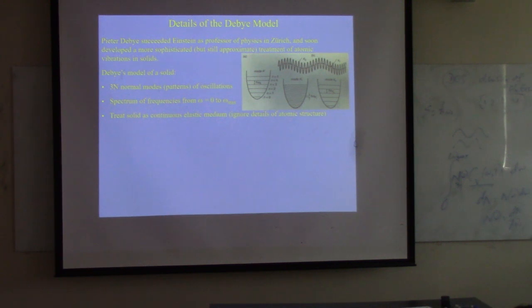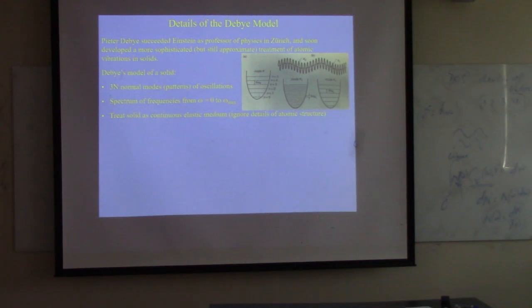If you know n k, you can calculate n omega if you know the relationship between omega and k. Omega as a function of k is called the dispersion relationship. So how omega changes with k is called the dispersion relationship.